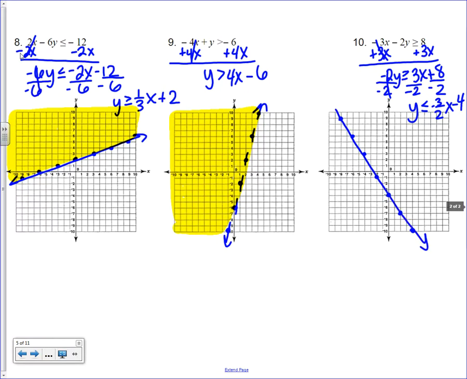Solid. Is that a greater than sign or less than sign? It's less than, so where am I going to shade? Which is below in this case, right? Less than is below. Greater than is above.